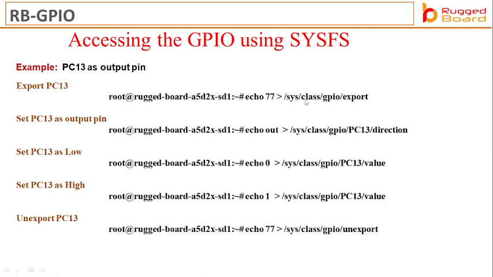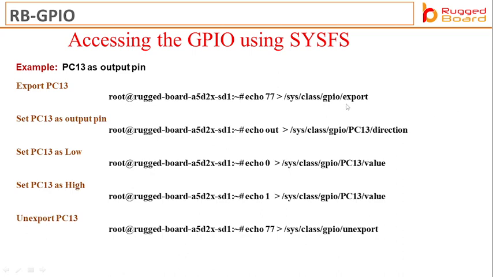Inside sys class, you have gpio, and there you have the export file. So we write 77 into the export file. Once this command runs, a PC13 folder will be generated in the gpio folder. That means the PC13 pin has been exported.